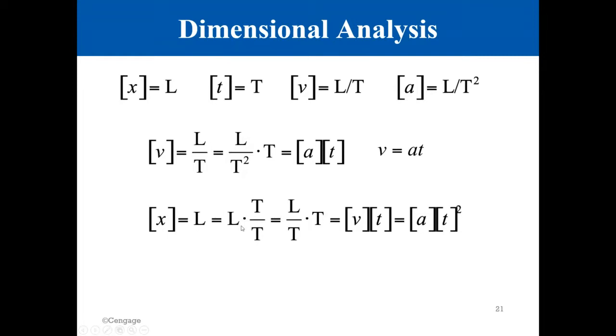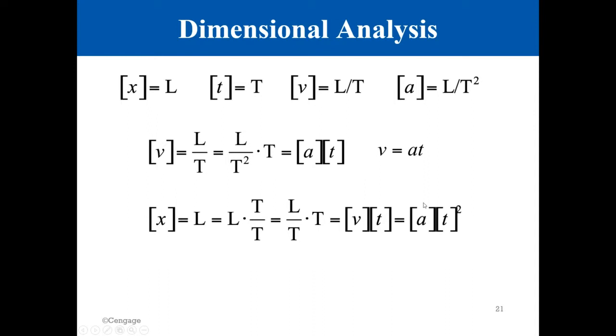If you take velocity, which is length per time, and multiply it by time, the T cancels, so you have L on the right side. So yes, this equation is possible. Now take A T squared.